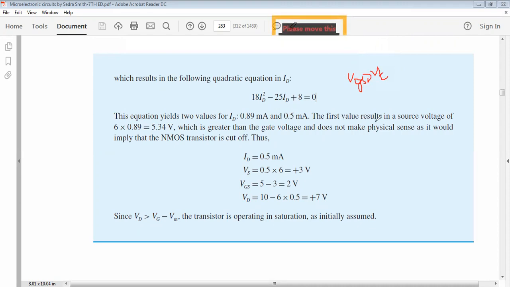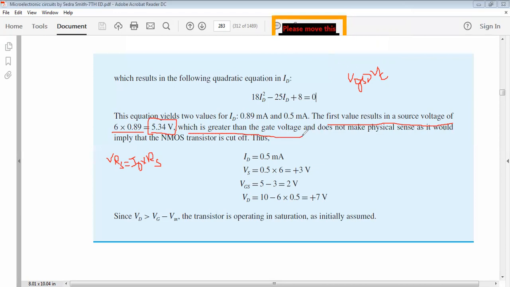Observe here: the first value results in a source voltage VRS equal to ID times RS. With ID equal to 0.89 milliamperes and RS equal to 6K, milli and K get cancelled, so the source voltage is 5.34 volts, which is greater than the gate voltage.